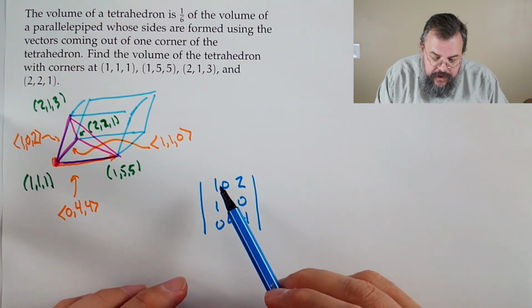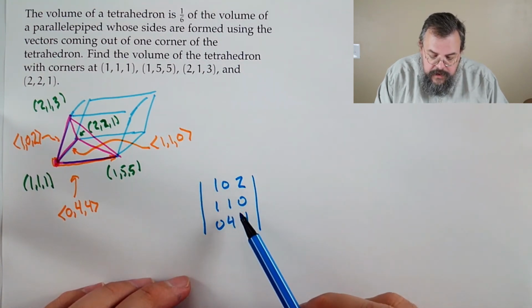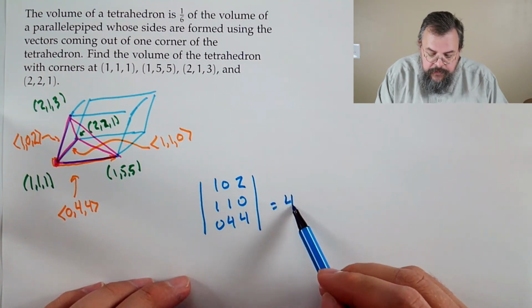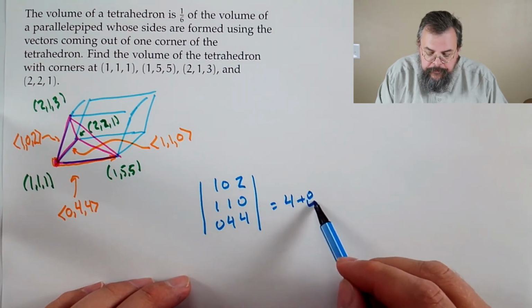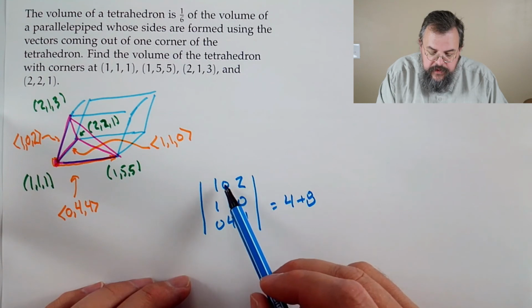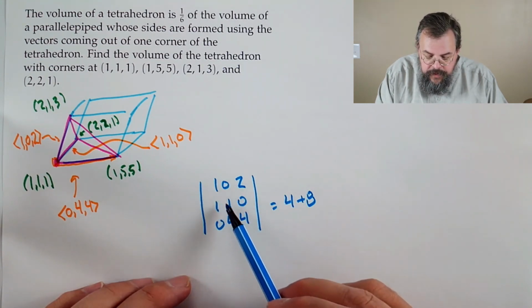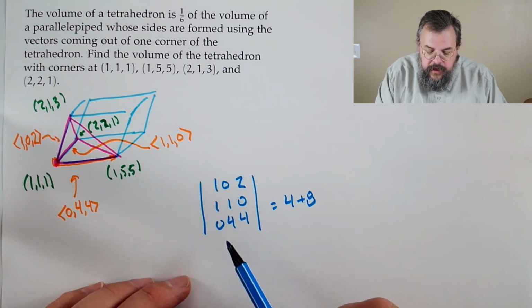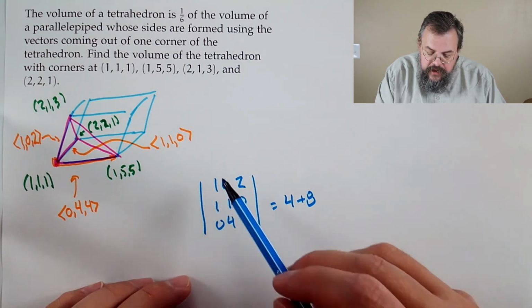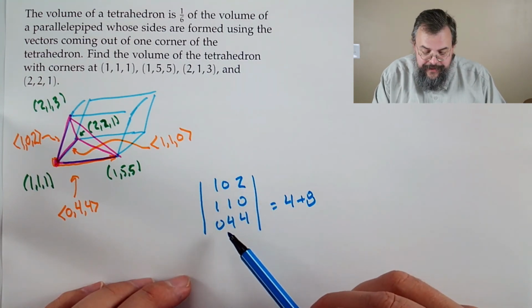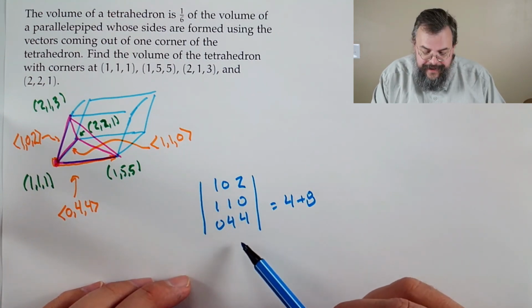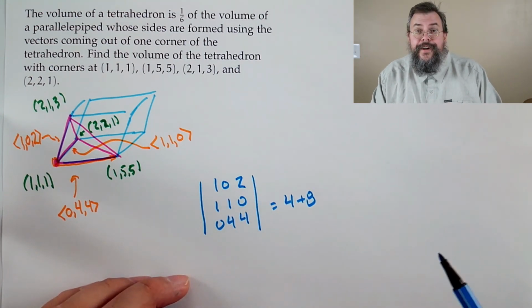So, take the determinant. 1 times 1 times 4, okay, that's 4. Then 2 times 1 times 4, that's 8 more. Then we have the zero terms. Going downhill, then uphill: 0, 1, 2, 0; 4, 0, 1, 0; 4, 1, 0, 0.